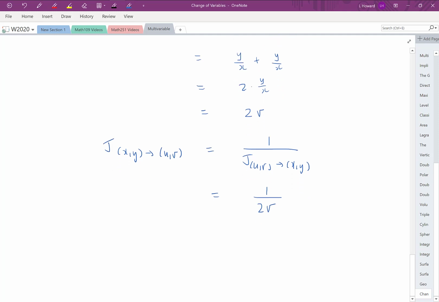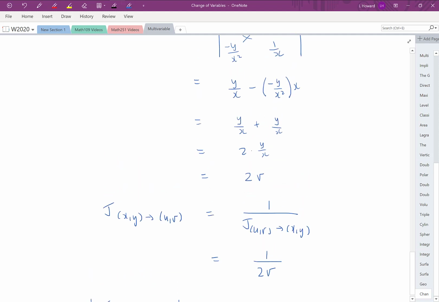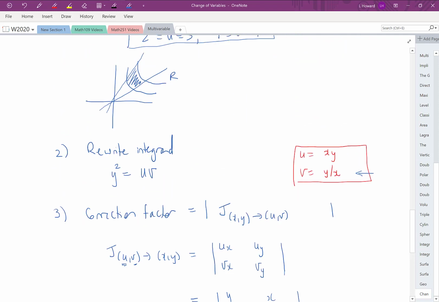The last adjustment we need to make here is we need to make sure that we're taking the absolute value of the Jacobian. So your correction factor is always going to be non-negative, but for now we just need to remember to take the absolute value of that. And we can look back at the problem and say, well, what were the range of v values that we were working with in this problem? Let's scroll back for a second.